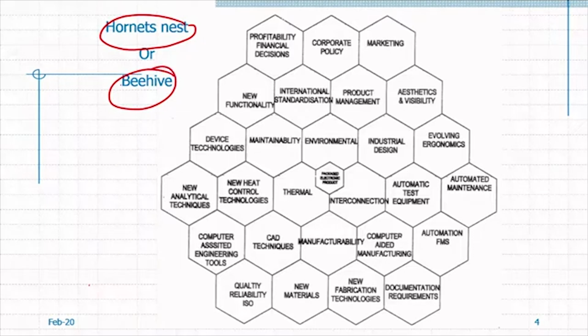A very important thing we talk about, saying there are so many things like that. Actually the small design comes here. Probably the starting point of any of these is profitability and financial decisions, then marketing and product management.